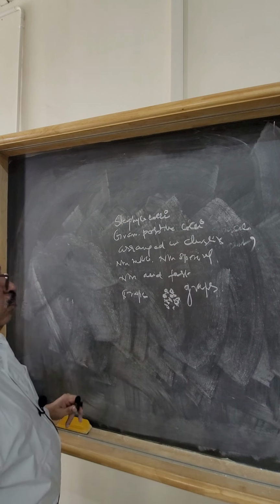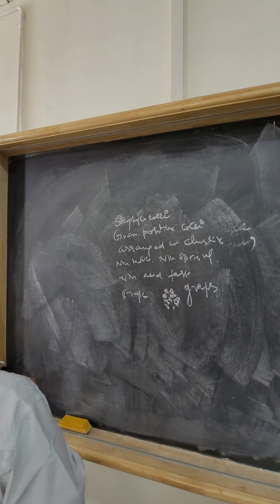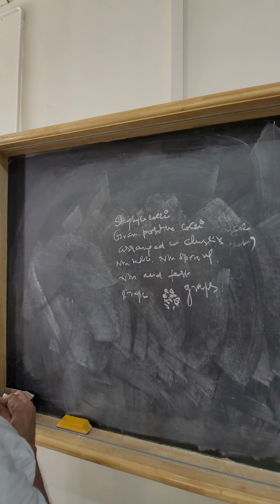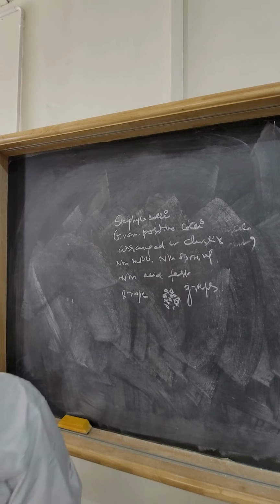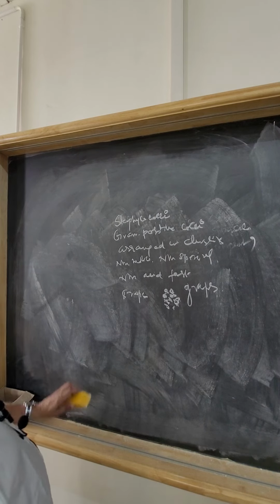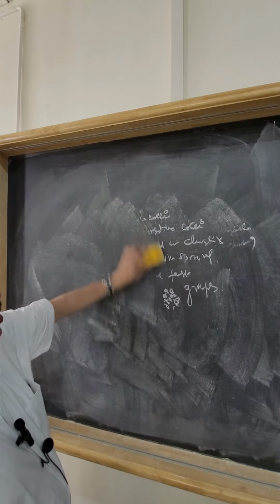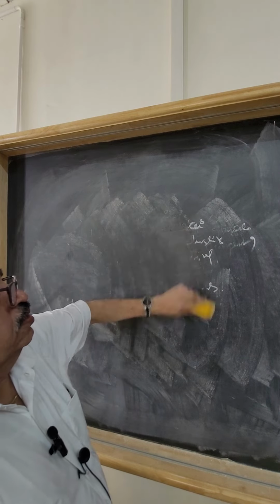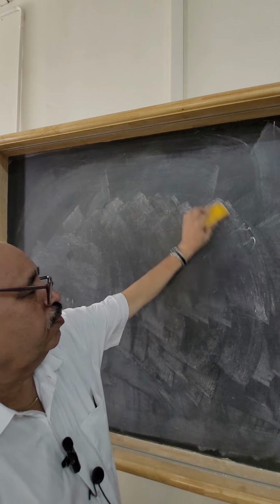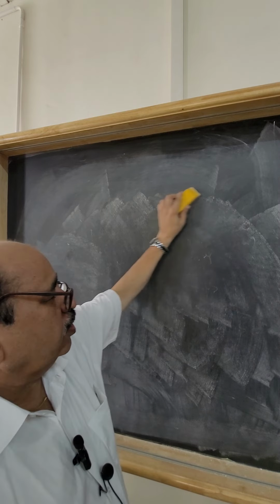Okay. Now moving on to the important characteristics of staphylococci. They produce pigment, non-diffusible pigment. The colonies are colored.